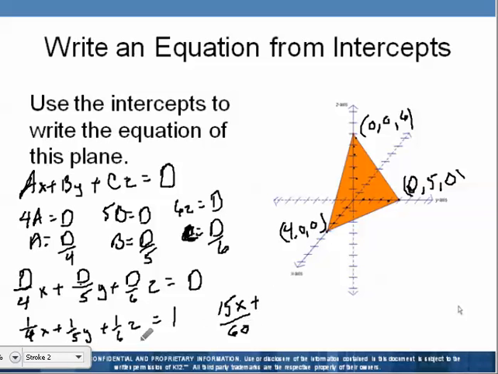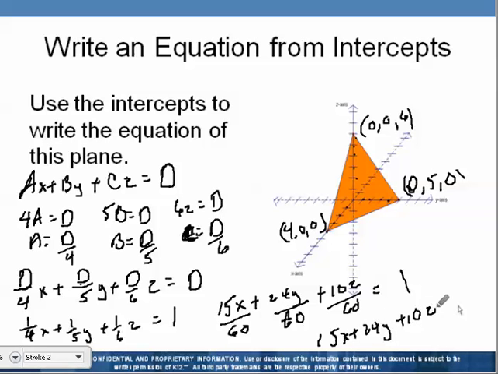Common denominator here, I have to multiply this one times 12, so 12y over 60? No, 20: 20y over 60, plus 10z over 60 equals 1. Multiply through by the 60. 15x plus 20y plus 10z equals 60. There's my equation.